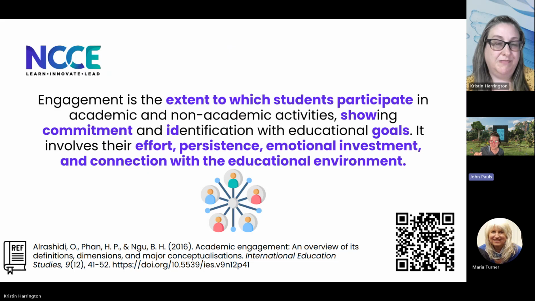Engagement sometimes seems like participation, and how they show commitment to their learning, that's engagement. And how they identify their goals, that's engagement. It all encompasses their effort, their persistence, their investment, how they show up in our classes. And we can help them show up more authentically if we structure our learning design specifically.